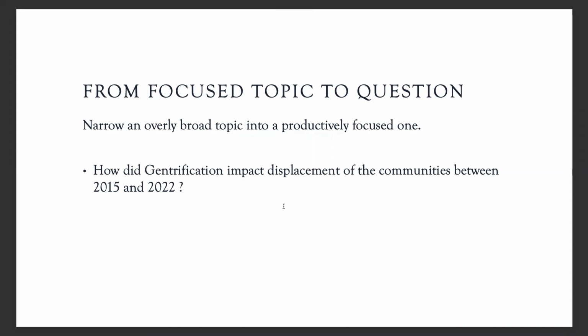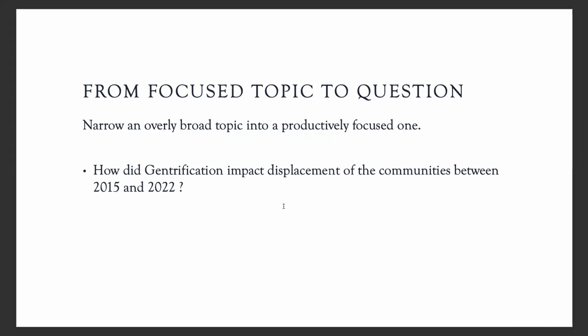So now you might ask, how did gentrification impact displacement of the communities between 2015 and year 2022? So here you actually give a time period, and also you are able to mention which issue around gentrification you want to study.